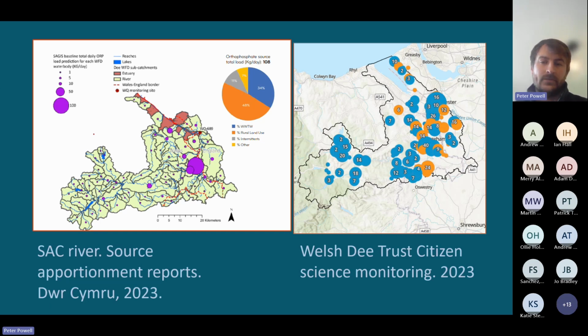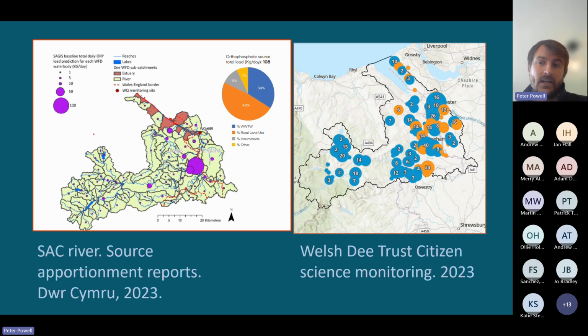Because the citizen scientist is taking samples along a river, if they take it at 3 sites, and you get a high reading going upstream, and then a low reading, you can identify that the source or the pathway for phosphorus is coming from between those 2 places that I've taken the reading.